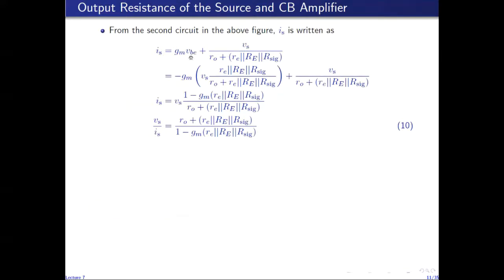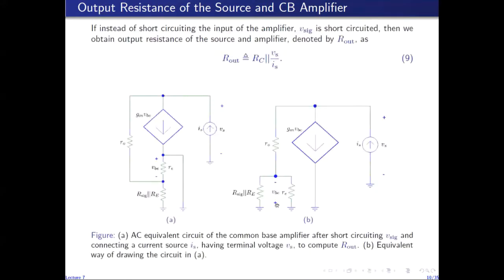And then I realize that this voltage VBE can be found by using the voltage divider rule. So this overall voltage of collector with respect to ground is divided between r0 and this parallel combination.